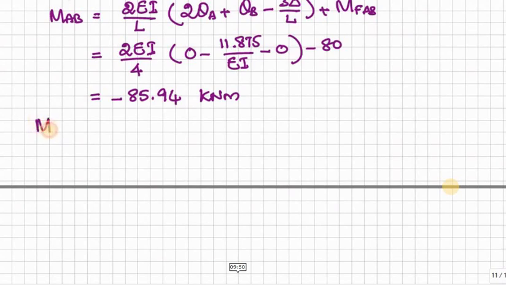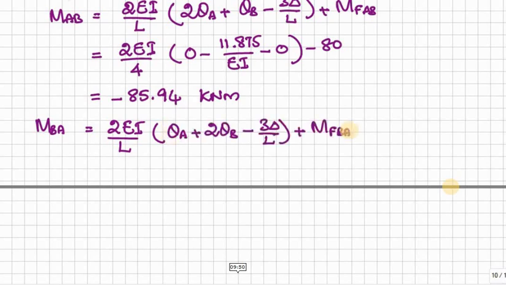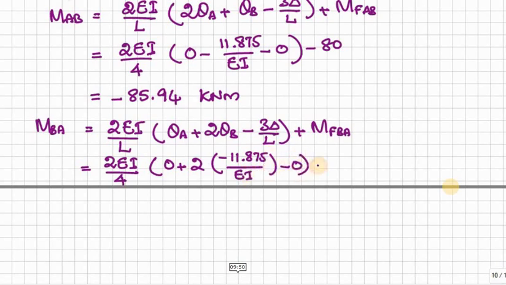Next MBA, in a similar fashion we can compute: 2EI by 4, theta A is equal to 0 and 2 theta B, that is 2 into minus 11.875 by EI, then minus 0, then plus 80.